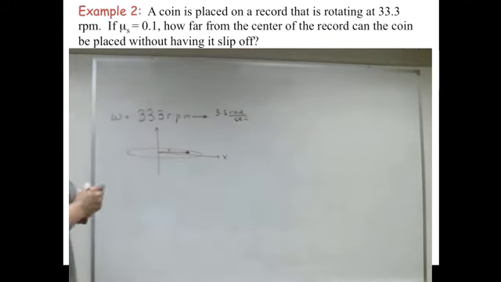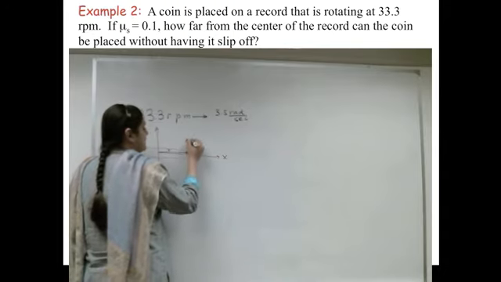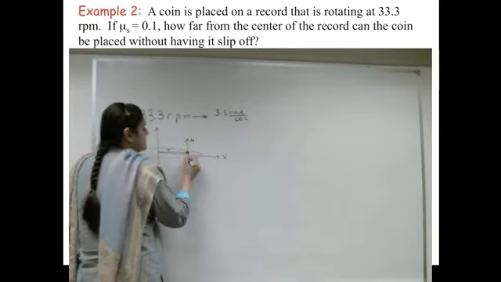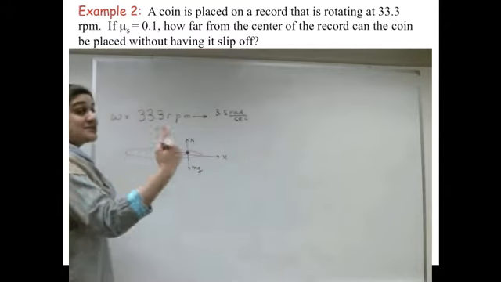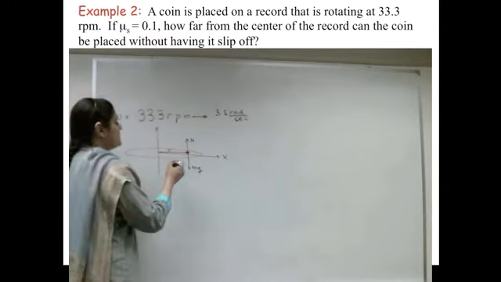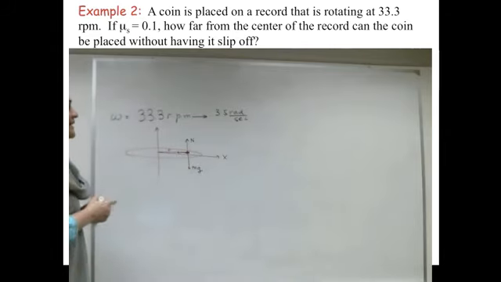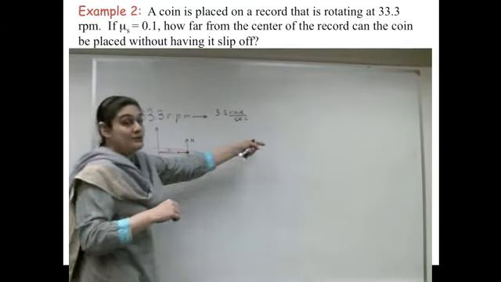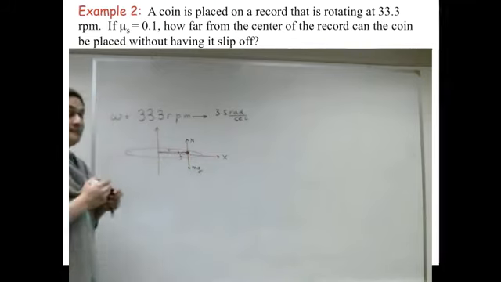Okay, now as always, we're going to start by drawing the free body diagram. So this coin is resting on top of the record. It should have a normal force N, and it should have an mg that points downward. Since this is going around in a circle, it will have a center-seeking force which is pointing inwards. And also, because this thing wants to fly out, the frictional force will be inwards.